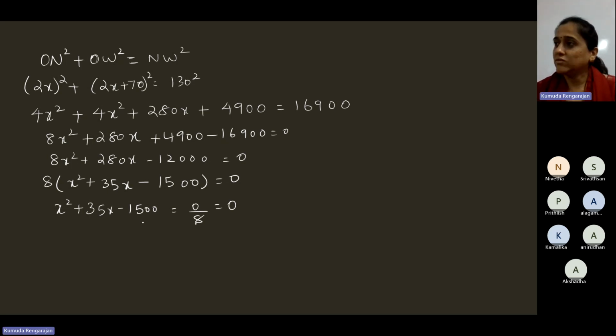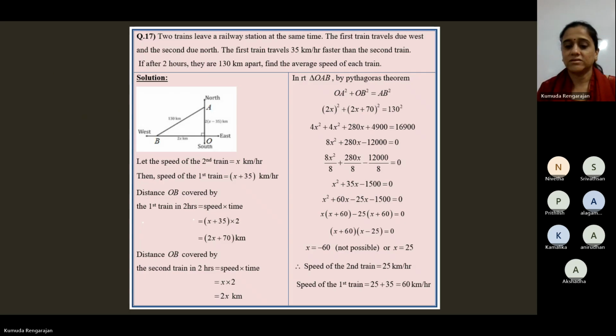Got it? What are the answers? 25 and 60. Very good.